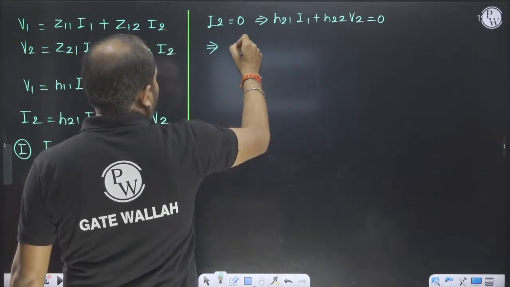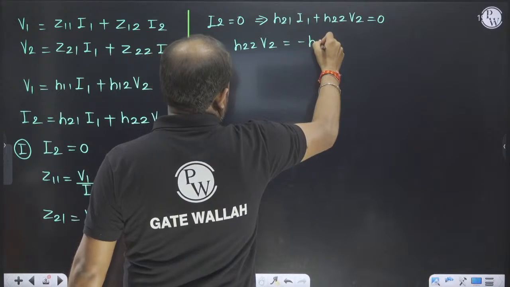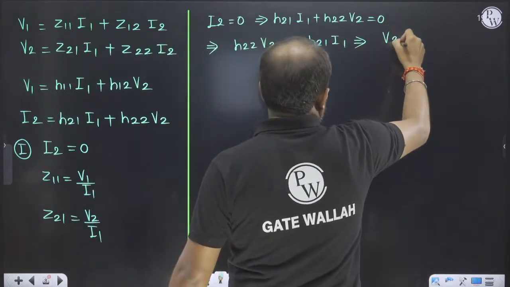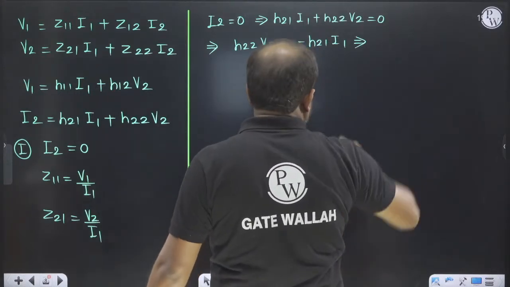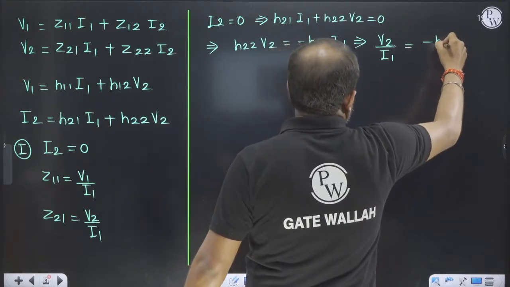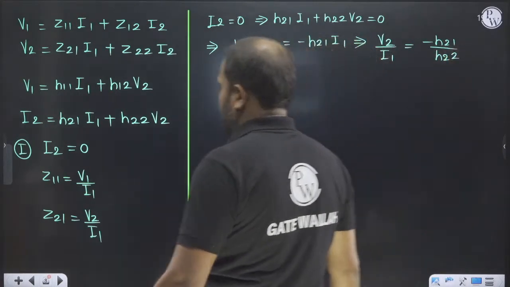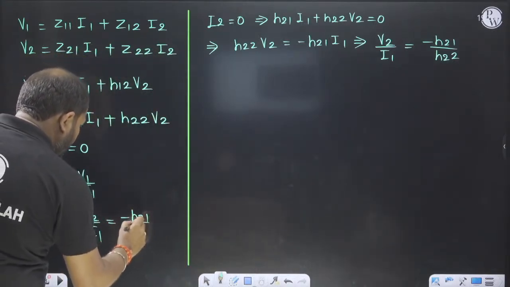H22 V2 will be equal to minus H21 I1, so V2 by I1 will be equal to minus H21 upon H22.